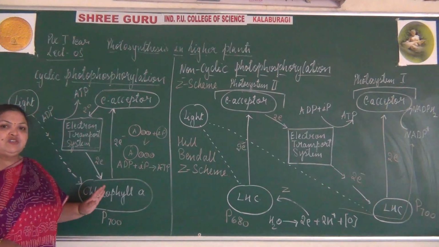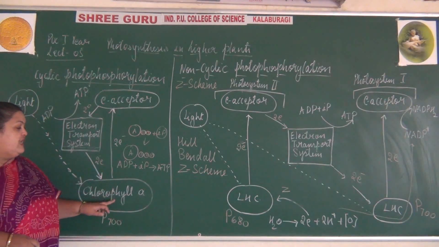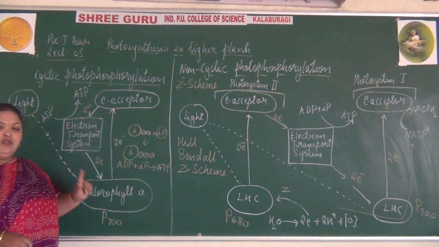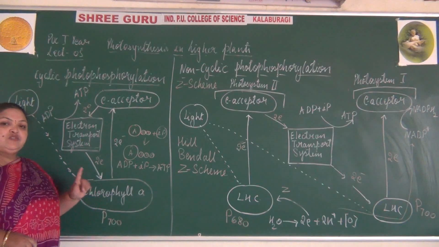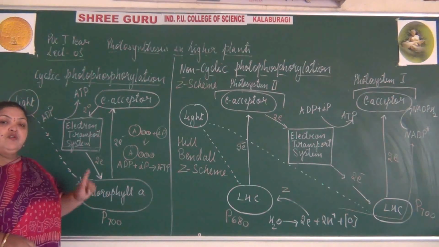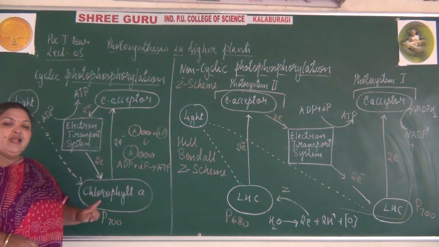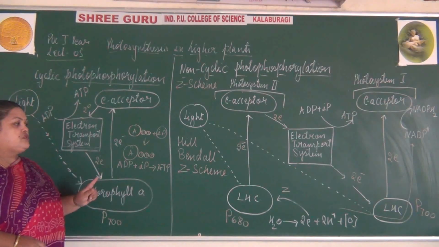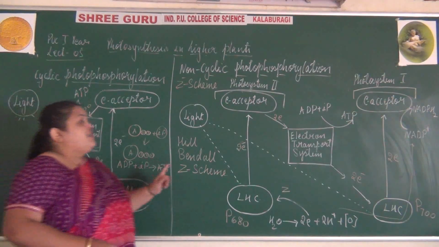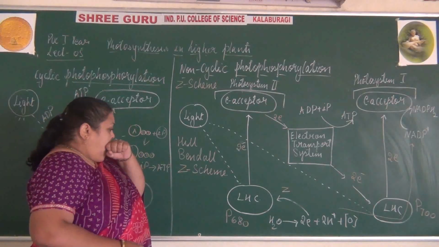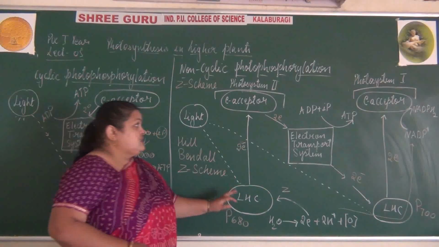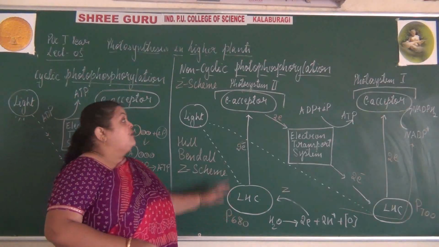The very first difference is, in cyclic only one photosystem is involved, that is photosystem 1. Only photosystem 1 is involved in cyclic photophosphorylation, while in non-cyclic two photosystems are involved.